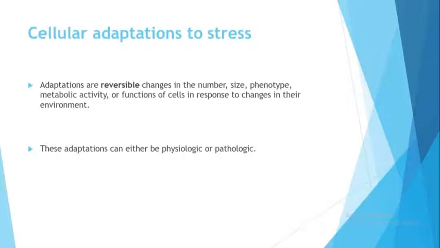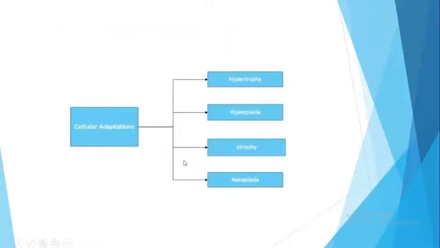Pathologic adaptations are responses to stress that allow cells to modulate their structure and function, and by doing that, these cells escape injury. So from here, cellular adaptations are reversible, and these adaptations can be either physiologic or they can be pathologic.